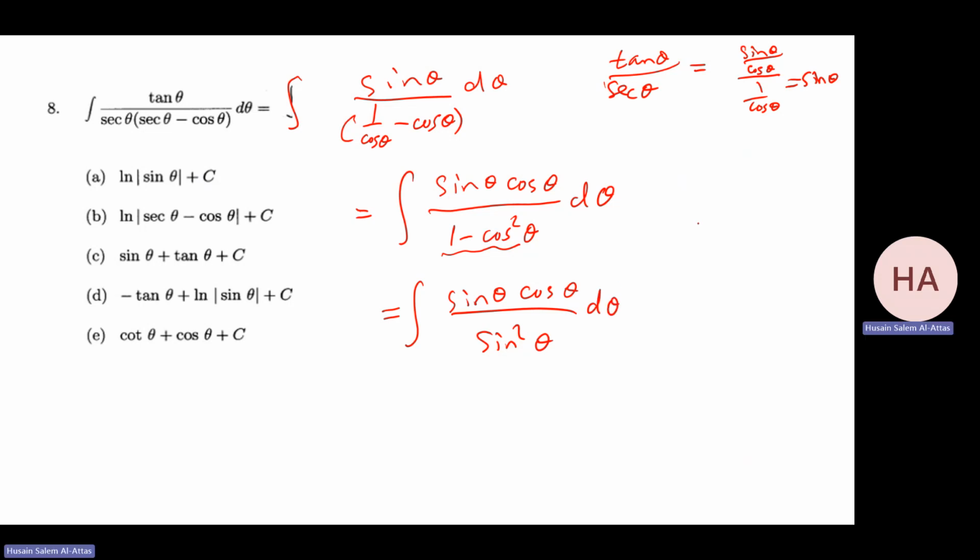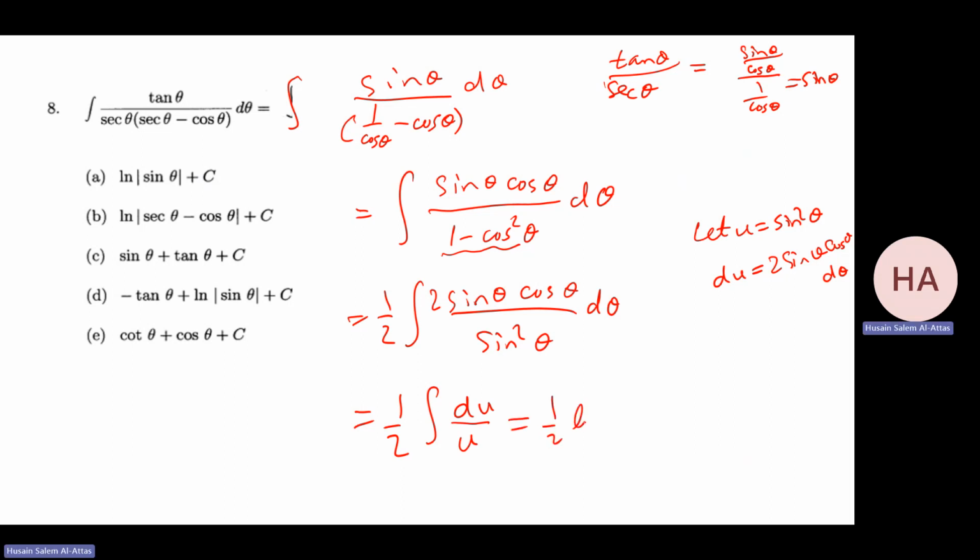Yeah, if I let u equal sine squared theta, du will be 2 sine cosine d theta, which means I need 2.5 outside. So that will be half du over u.